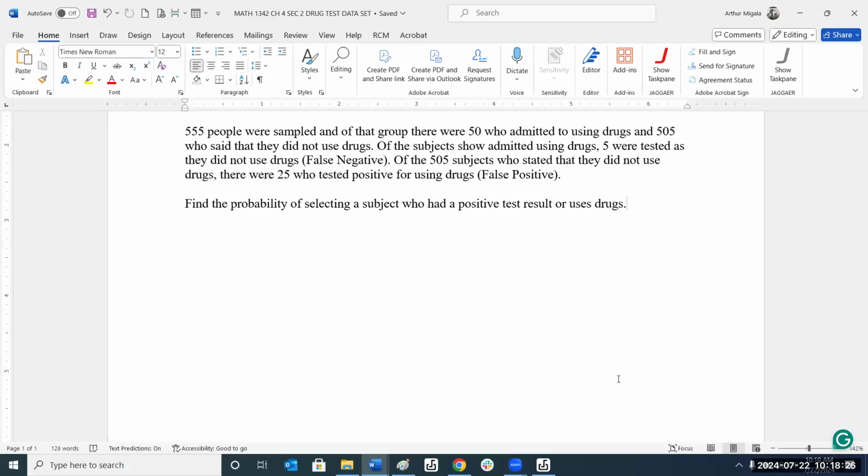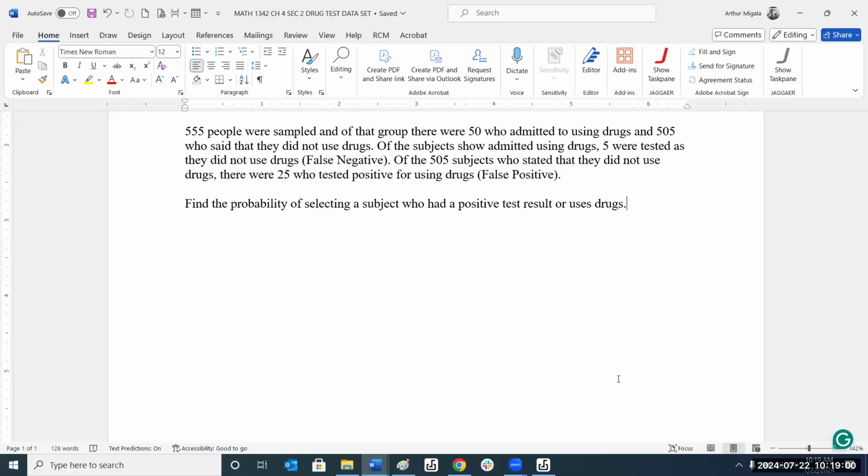Of the subjects admitting to using drugs, 5 tested as if they did not use drugs. That's called a false negative. A false negative is when it's supposed to be positive, but it came out negative. Of the 505 who said that they did not use drugs, 25 of them tested positive even though they didn't use drugs. That's called a false positive.